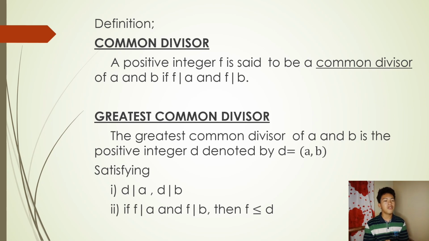The greatest common divisor, or the GCD of a and b, is the positive integer d, denoted by gcd(a, b), satisfying two conditions: first, d divides a and d divides b; and second, if f divides a and f divides b, then f is less than or equal to d.